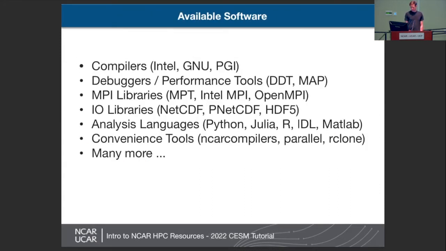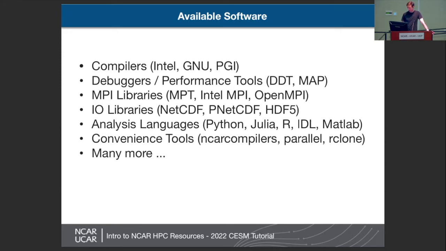Okay, so quickly, just the types of stuff we have on the system under those modules. We have different compilers. Intel is the default one, but GNU and PGI and some even more esoteric compilers are available. We have debuggers and performance tools. DDT and MAP are our default ones there. MPI libraries: MPT is the one supplied by HPE that built the system, but Intel MPI and OpenMPI are available as well.